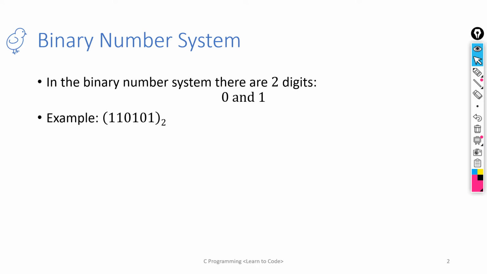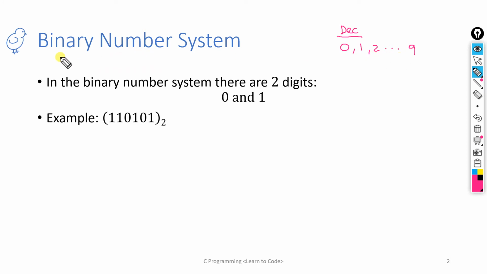So let us start with the binary number system. Here you can identify that in the decimal number system, we are using 0 through 9. These are the digits we use while considering the decimal number system. These digits are used to form a number.